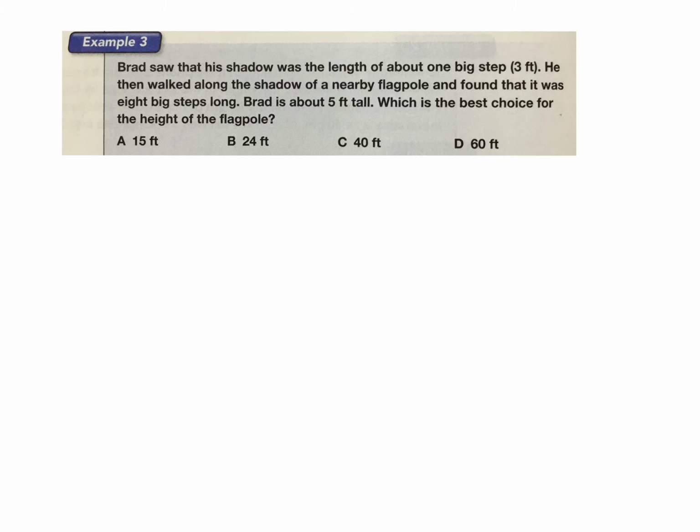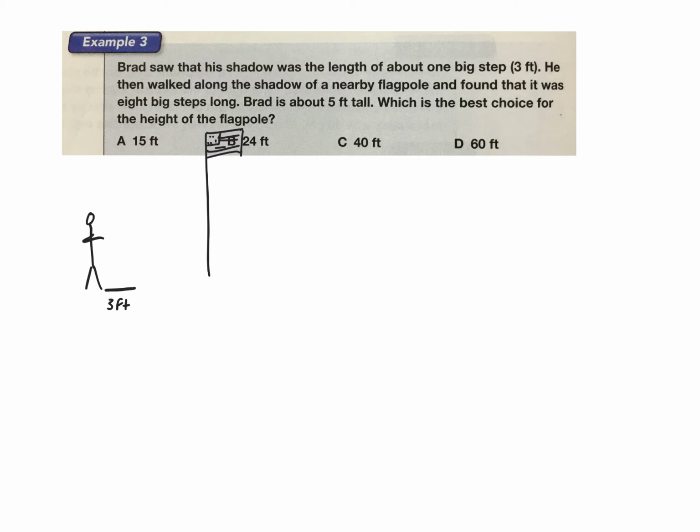Here's another one. It says Brad saw that his shadow was the length of about 1 big step or 3 feet. So here's Brad. I know I'm an awesome artist. Here's his shadow. It's 3 feet. He then walked along the shadow of a nearby flagpole and found it was 8 big steps.